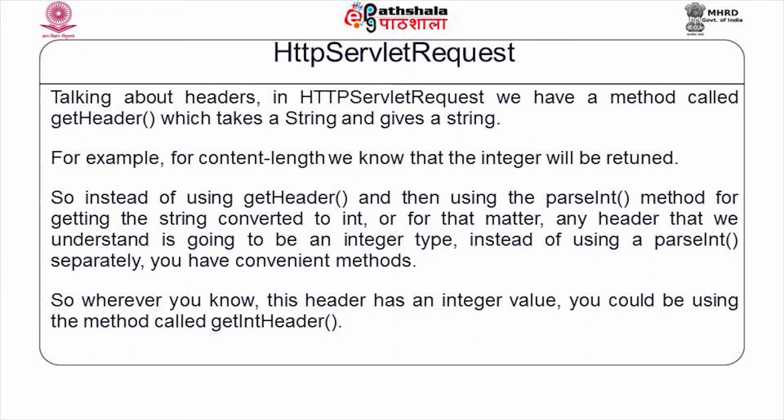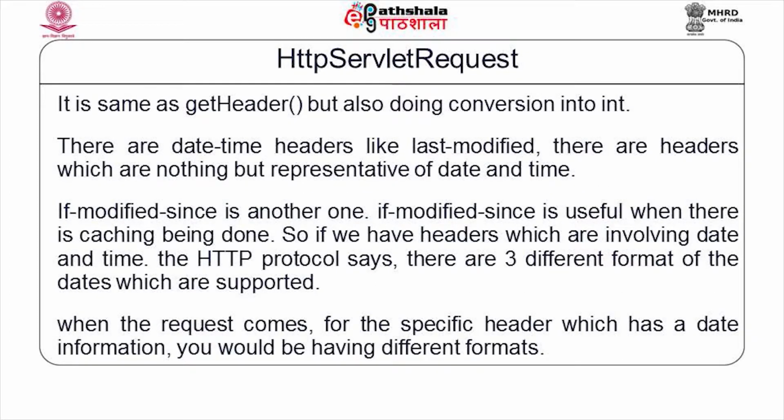So, instead of using the method called getHeader giving content length as a parameter and then using a parseInt method to get it converted into an int, or for that matter any other header which we understand the value is going to be an integer type, you have convenient methods. Wherever you know this header has an integer value, you could be using the method called getIntHeader. It is simply the same as getHeader, but also doing conversion into the int type for us.